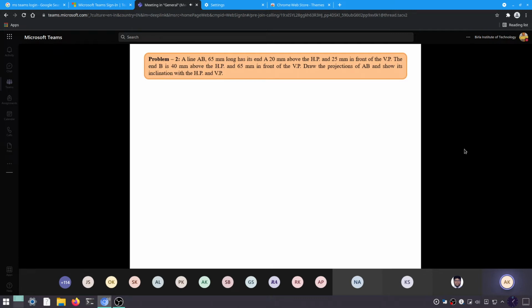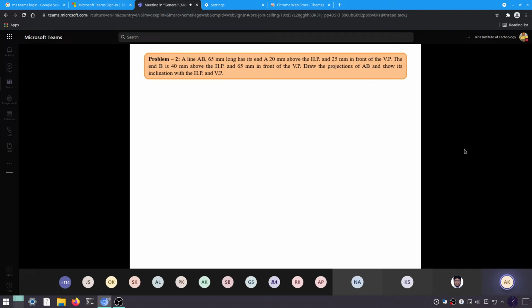So, a line AB is given to you, 65 mm long, and has its end A 20 mm above HP and 25 mm in front of VP.